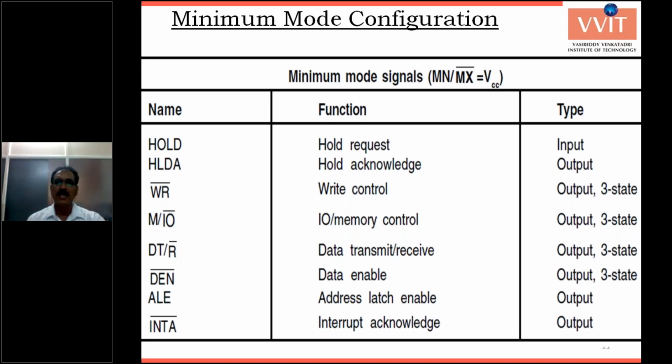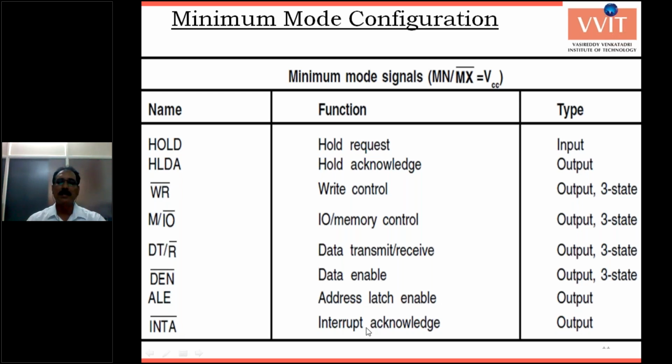In the first 1.5 clock cycles, ALE is 1. That means the AD0 to AD15 lines carry the address. If ALE is 0, AD0 to AD15 does not carry the address. The address lines go to the high impedance state.